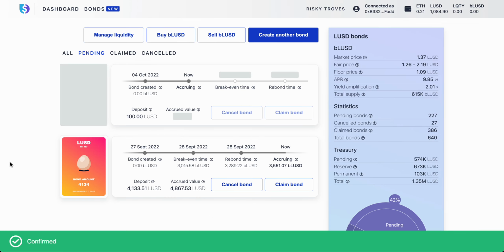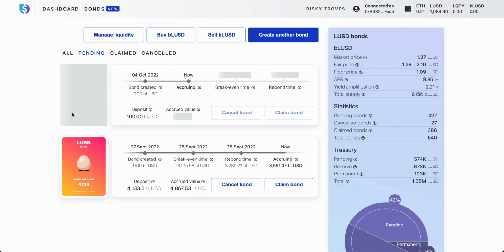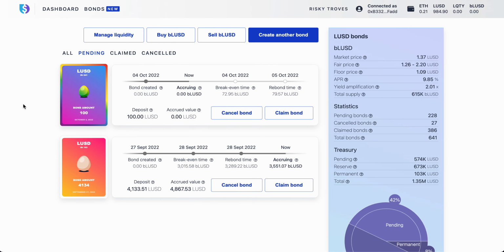All right, and here we go. Let's see what NFT we get. Beautiful, a rainbow one. All right, so now we have two pending LUSD bonds. That's a new one. We haven't accrued any BLUSD yet, but we will see that soon.